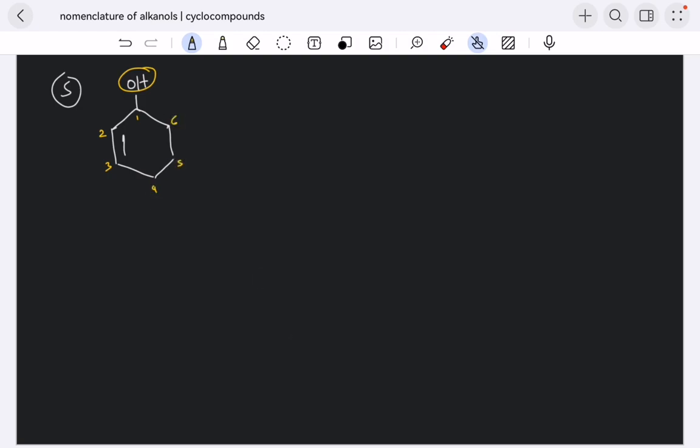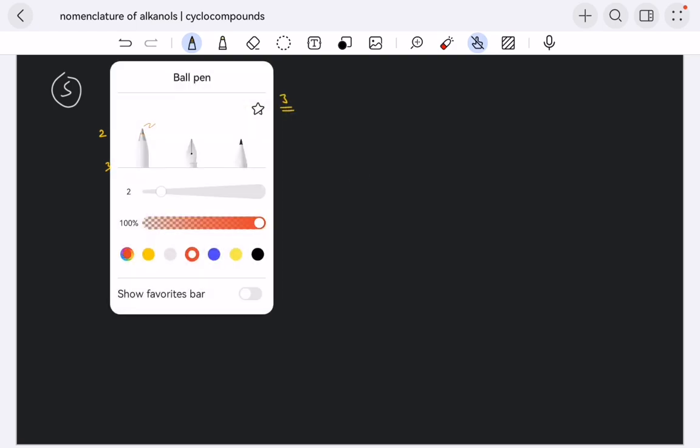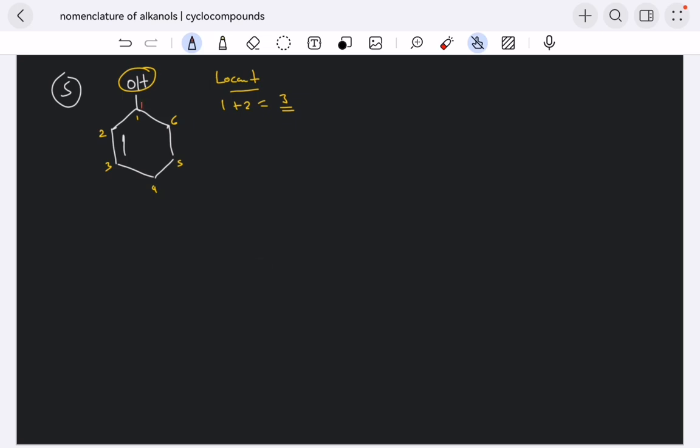You might be wondering why we're not going the other direction. So when we check the locant for this, you have at position 1 hydroxyl, then position number 2 you have a double bond. So this gives you a locant of 3. But if you go the other direction, which is 1, 2, 3, 4, 5, 6, you have position 1 hydroxyl, then position number 5 you have a double bond, then you get the 6. So this is the wrong counting. Always go for a locant which is smaller.